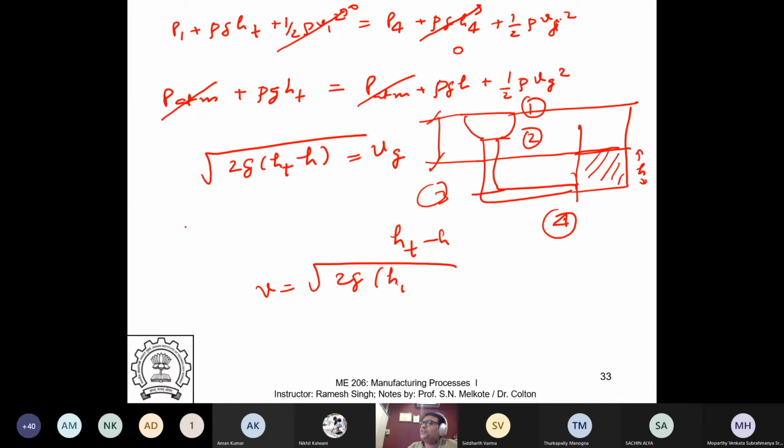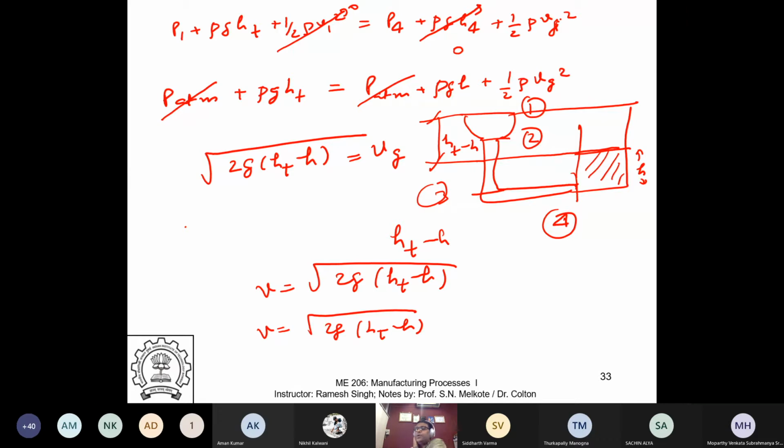This differential head is actually giving the velocity, right? So you can look at this directly and say that this distance is HT minus H, and then you can write directly. You don't have to do all this energy balance business. Okay, but I just wanted to give you the feel for it. So velocity is equal to root 2g (HT minus H).